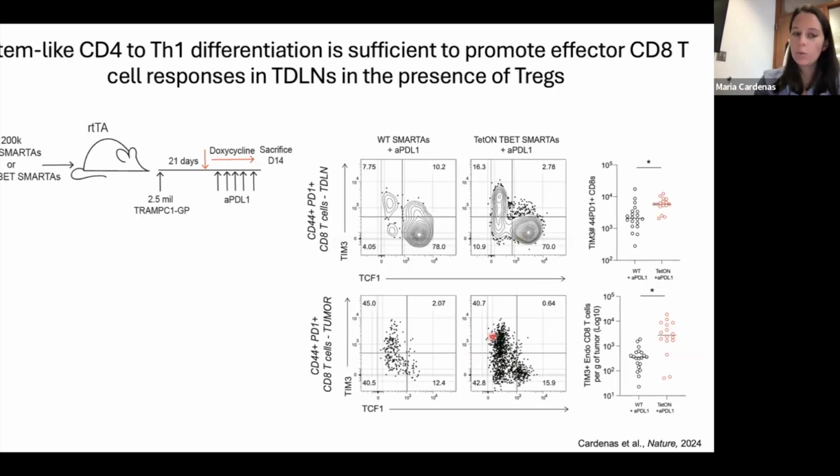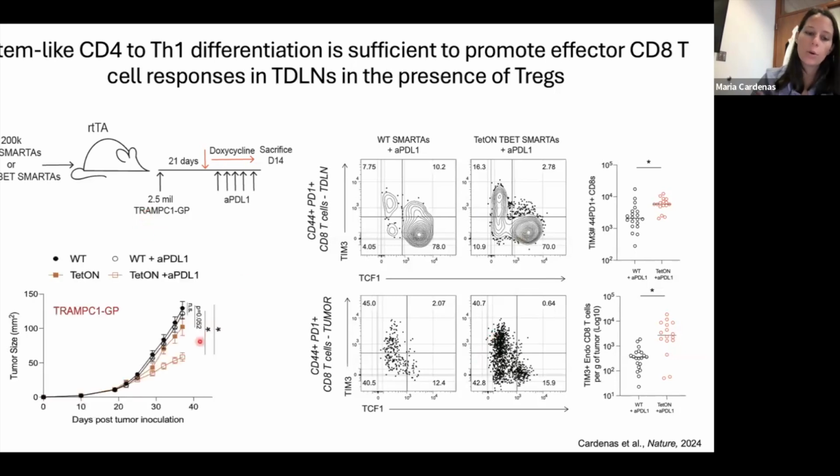And as I mentioned in one of the first slides, this tumor itself, the TRAMP-C1, is really refractory to PD-1 therapy. But what's really, really apparent is that when you have that TET-on Th1 response and the endogenous CD4s and CD8s come along, now we rescue anti-PD-1 therapy in a model that was previously unresponsive.